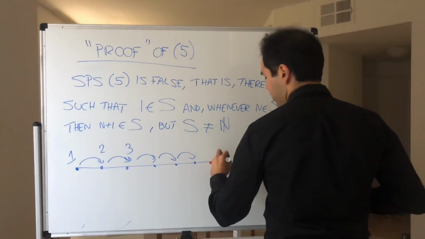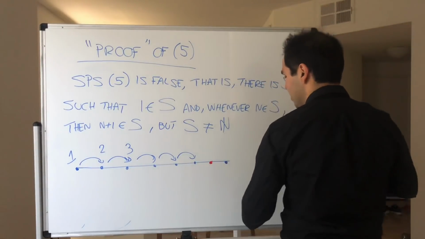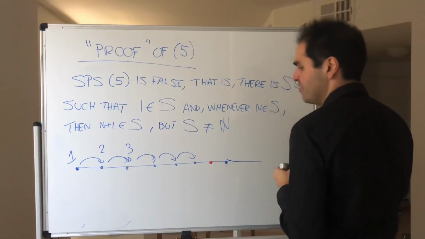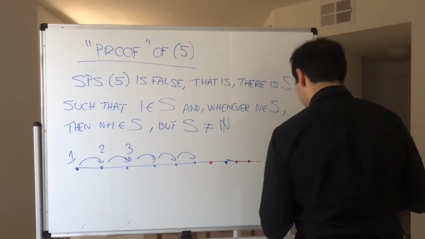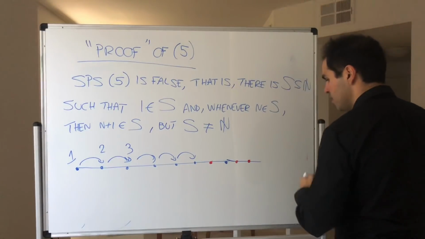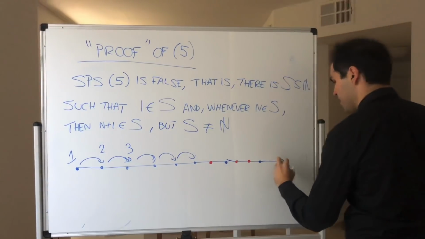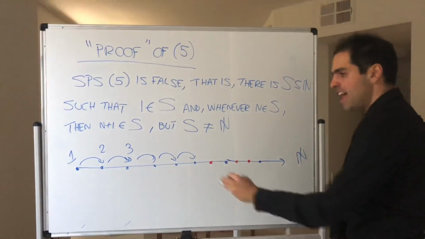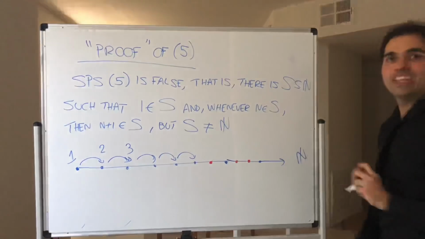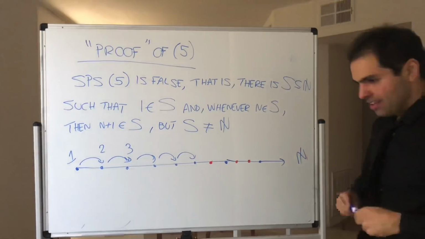So you could have this one being in S, and then suddenly elements not being in S and reappearing and reappearing. Okay. And this is the natural numbers, and everything that's in blue is in S. Everything that's in red is not in S.